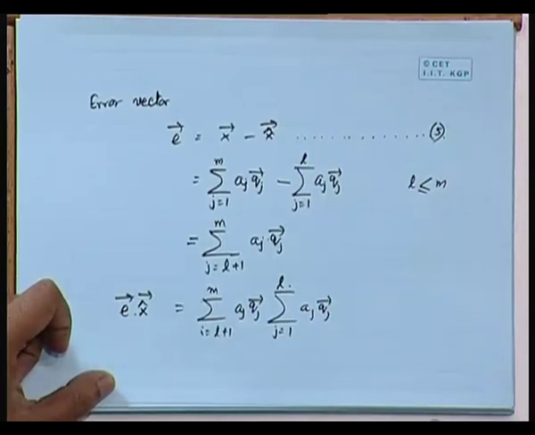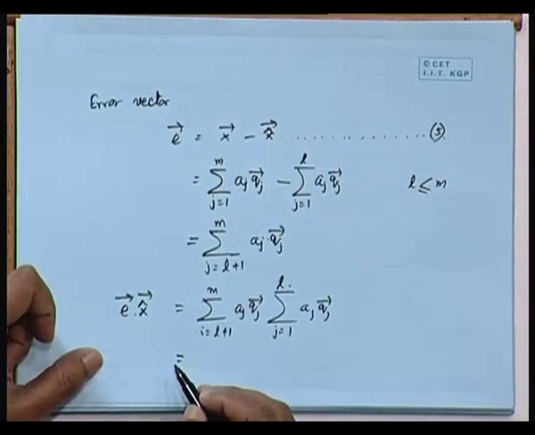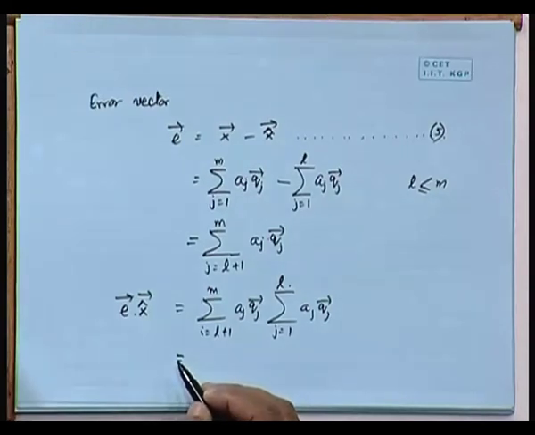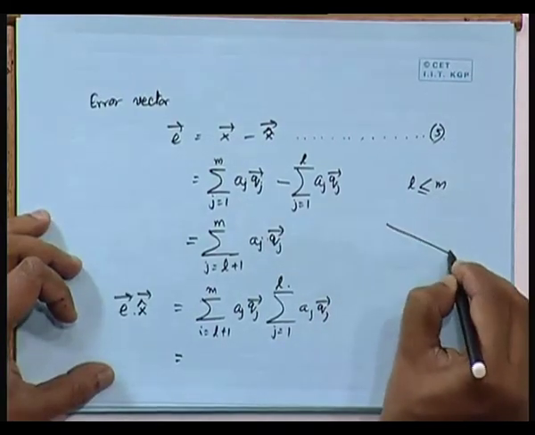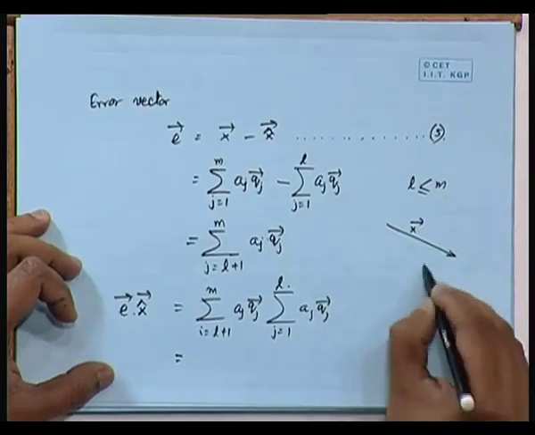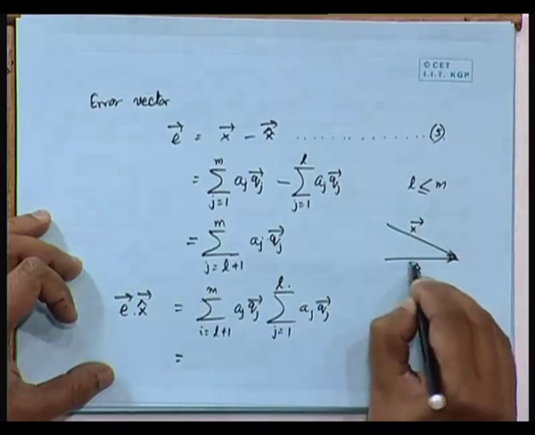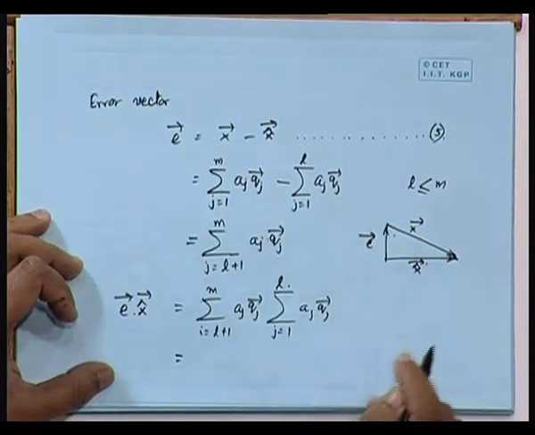All right. Now, yes, somebody has already guessed that it is becoming 0. That means to say that the error and the x cap vector are orthogonal to each other, expectedly. You see that this is the x vector, and if this is the x cap vector, then this is going to be our error vector.